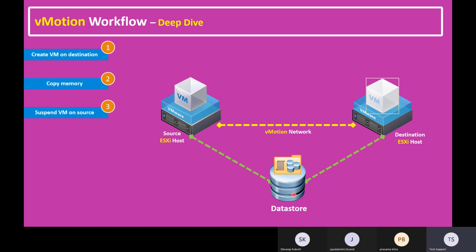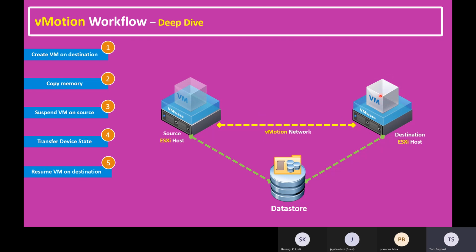Once the copy is completed, the virtual machine is suspended on the source. Suspend the VM on source means the VM is shown in gray color. This VM is suspended here, and the device state is transferred. Device state means whatever devices the virtual machine has, CPU, disk and NIC, all this information is updated here. Only the information, there are no data changes. So transfer the device state and then resume the virtual machine on the destination. The VM is then already resumed at the destination level.